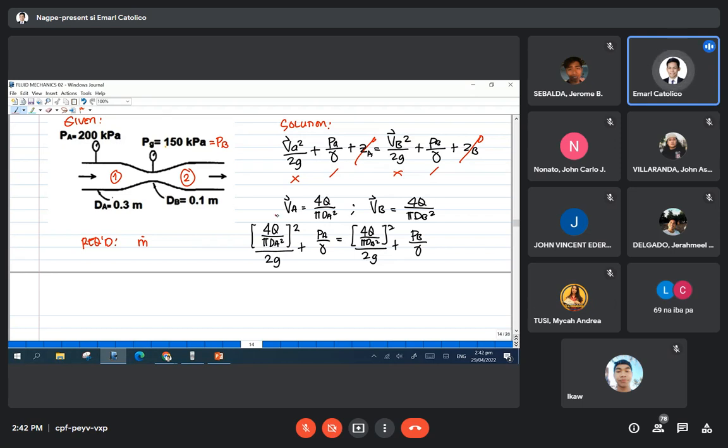Okay. So, wala tayong Q, pero meron tayong diameter. So, isa yung nawawala sa first term. Meron tayong PA. So, same lang din dito, no? Q lang din ang nawawala. Meron tayong PB. So, kayang ma-solve si volume flow rate.